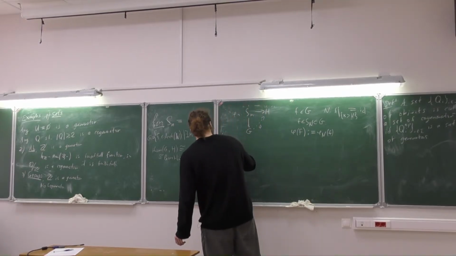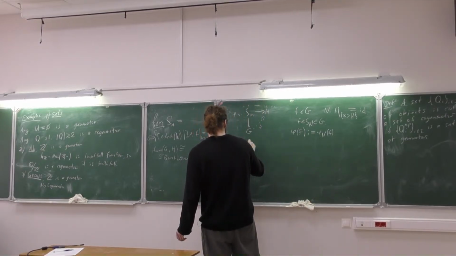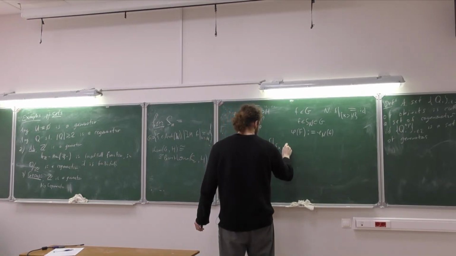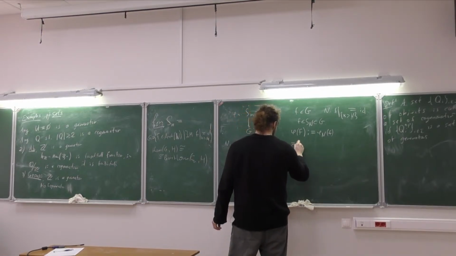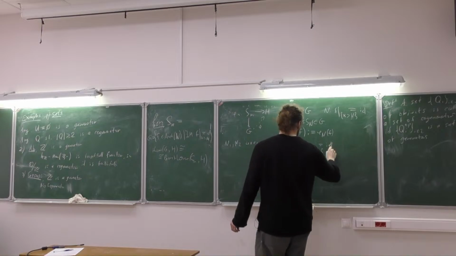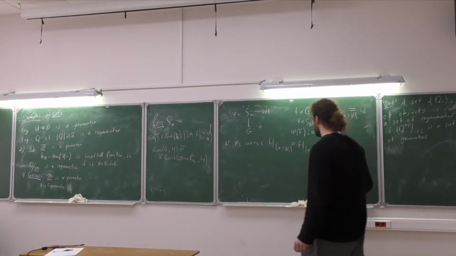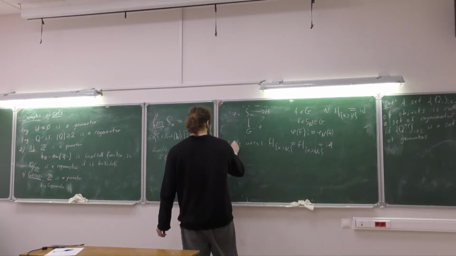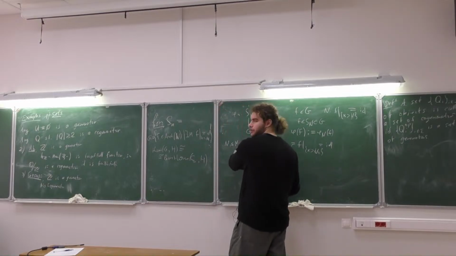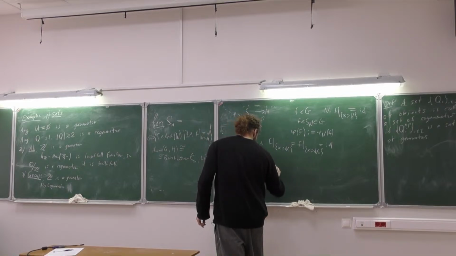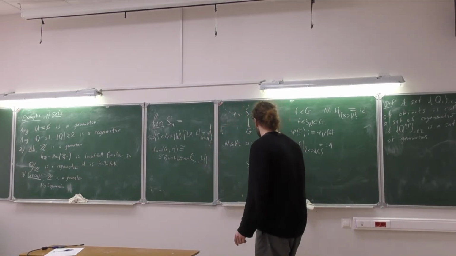Let's say that n1 and n2 both satisfy the condition we need. And without loss of generality, let n1 be less than or equal to n2. Then we have this embedding.